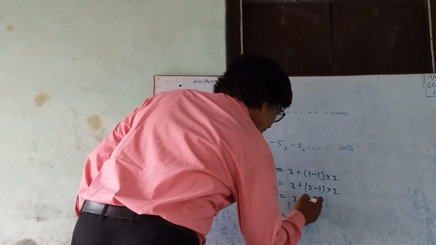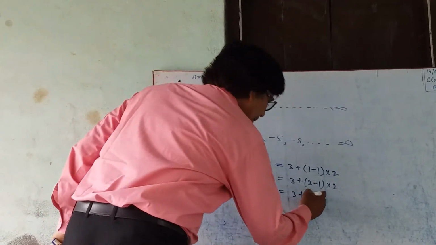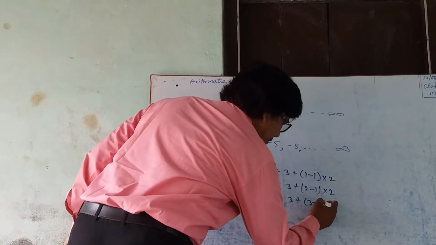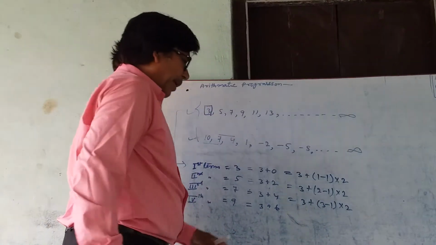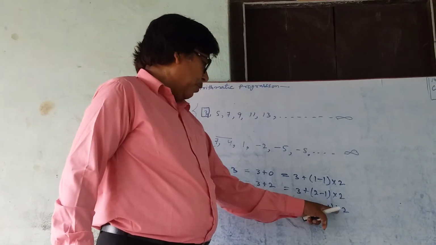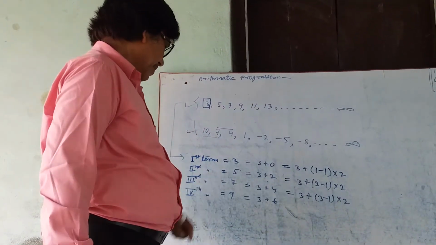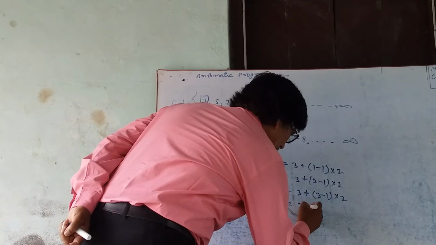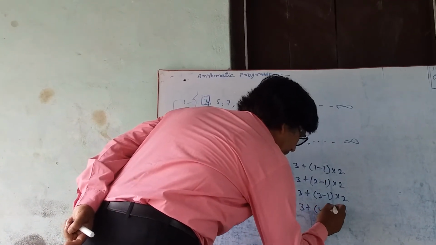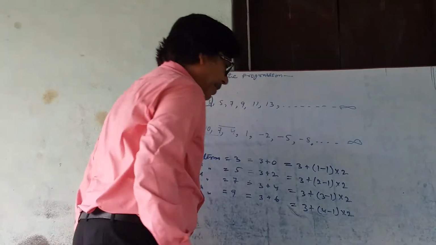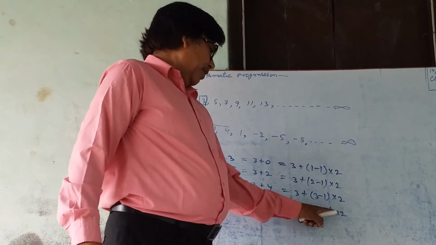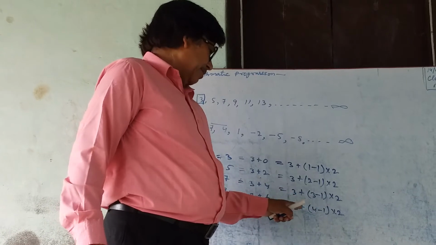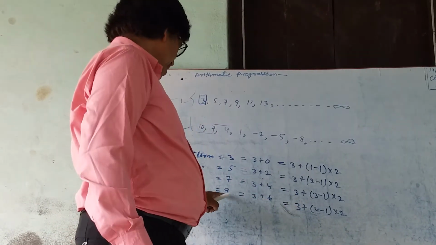Third term: 3 plus 3 minus 1 into 2, you get 2 into 2 is 4, 4 plus 3 is 7. Fourth term: 3 plus 4 minus 1 into 2, that is 3 into 2 is 6, plus 3 is 9.